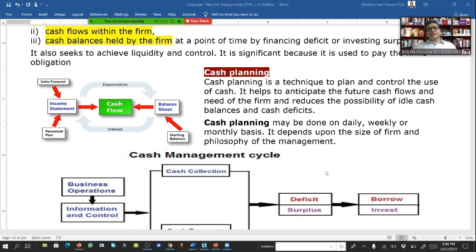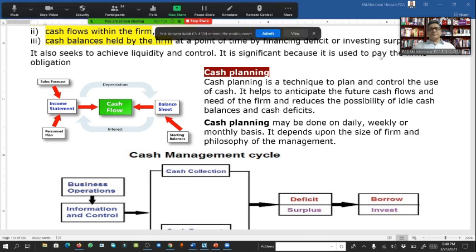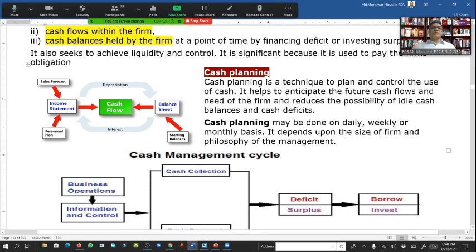So based on the organization's nature, cash planning can be daily, weekly, or monthly. Generally, a few companies do cash planning quarterly also. So it depends on the size of the company and the philosophy of the management.